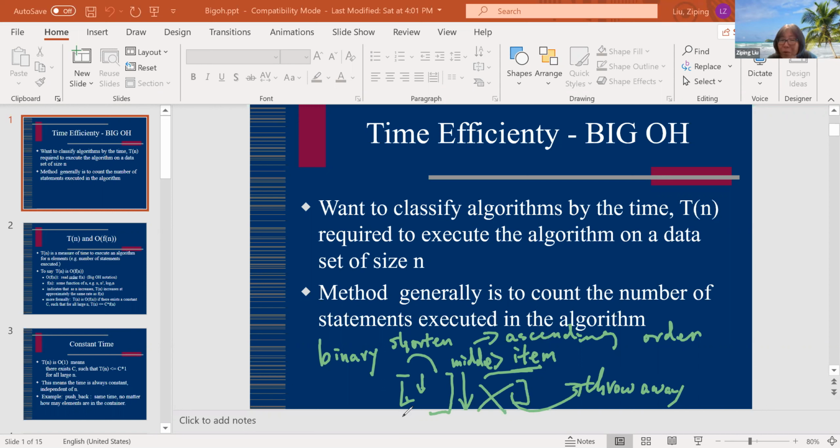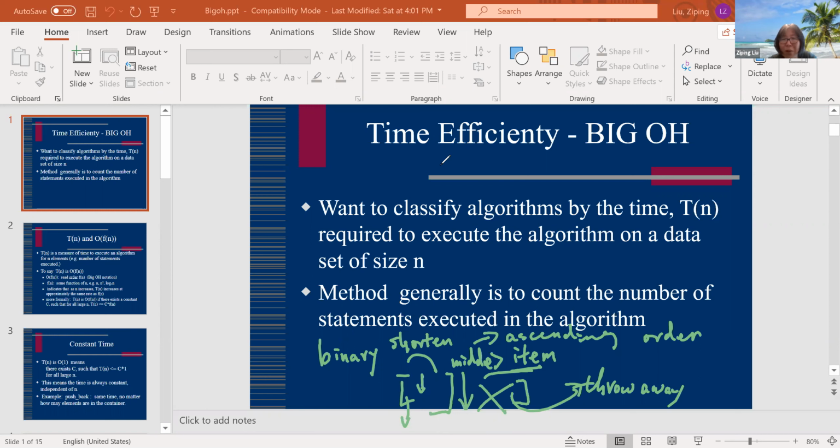You can keep doing like this, each time you shorten your search range by half. And of course, compared with brute force, every single one, your search range is shortened more and more, is it? So that's why binary search is more efficient, we said.